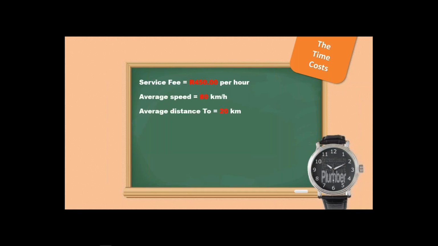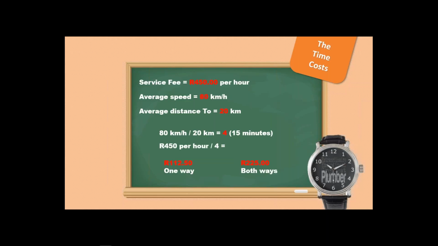Right, so we have an average distance of 80 kilometers per day. Who was in Pretoria? That's what we average per day, traveling to and back from a job. As I said, we travel 20 kilometers to that job, and we can take 15 minutes to get there, one way.